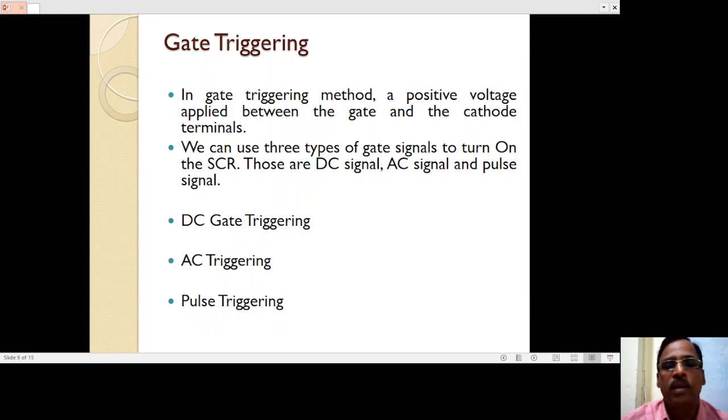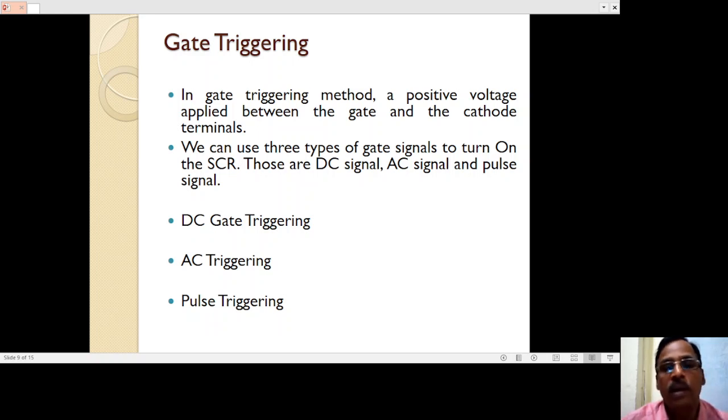In the gate triggering method, generally a positive voltage of around 8 to 10 volts is applied between the gate and cathode terminals. By applying 8 to 10 volts across the gate and cathode terminals, we can turn on the SCR at around 90 to 100 volts.